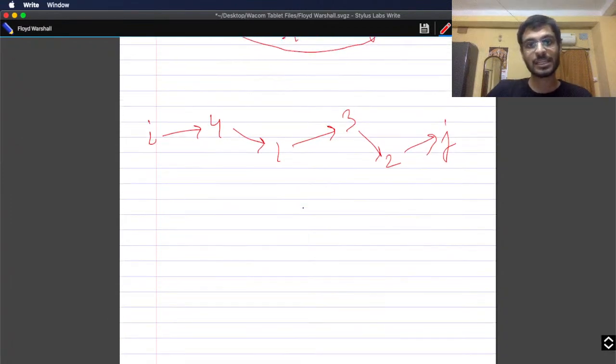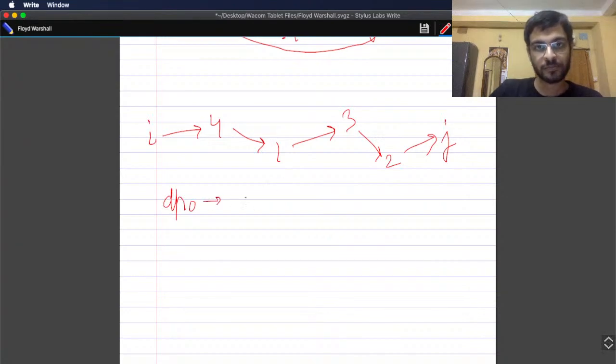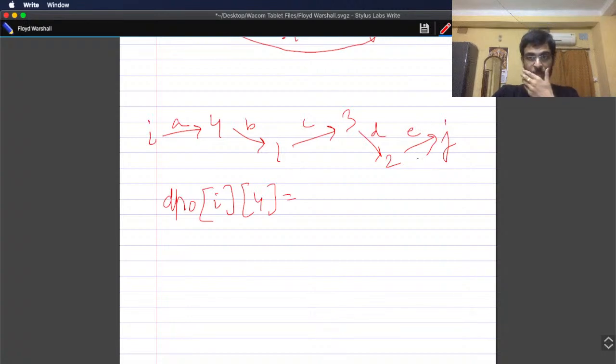So the first time, what can I say? dp0 will look something like this. dp0 of I to 4 is going to be something like A, B, C, D, E, suppose. Fine. This is the shortest path from I to j.